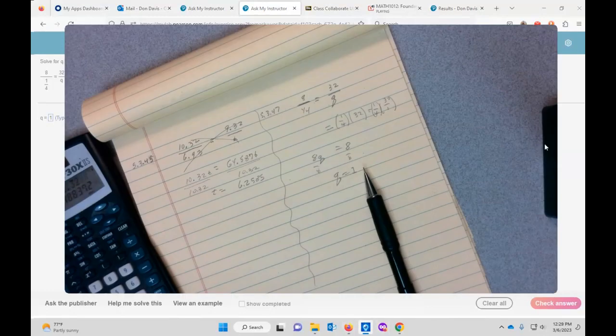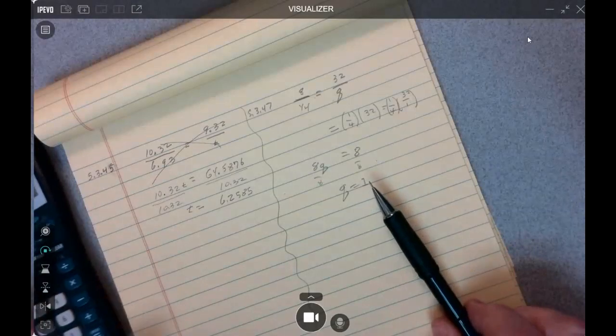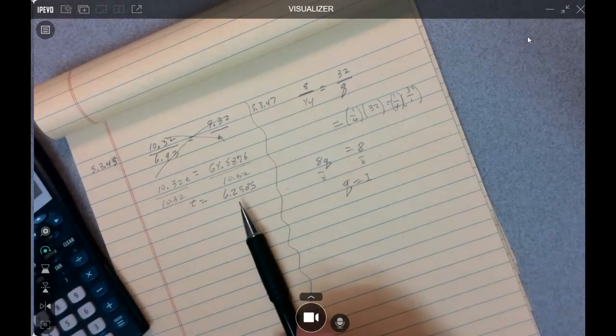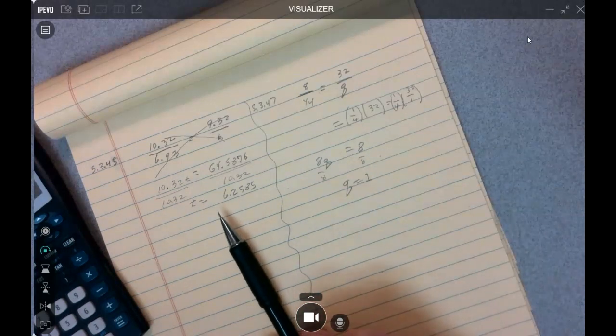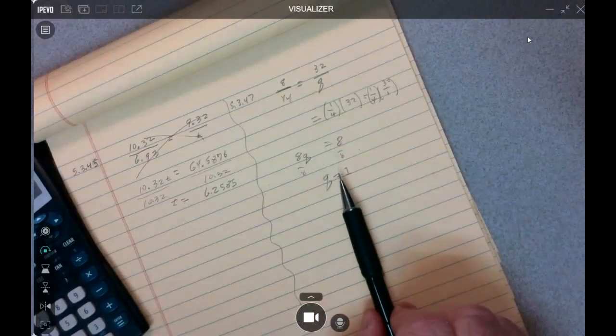Let's look at one other thing here while we're at it. We had MathXL to help us, and you say, well, how would you have done this if you had to verify it without MathXL telling you that was the right answer? Well, this one we had an answer of 1.